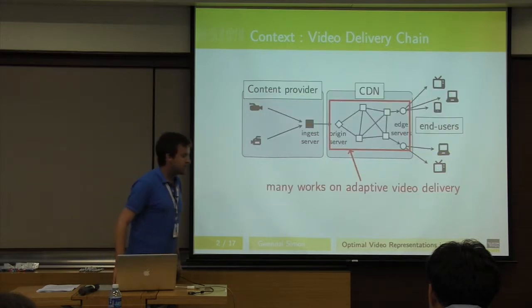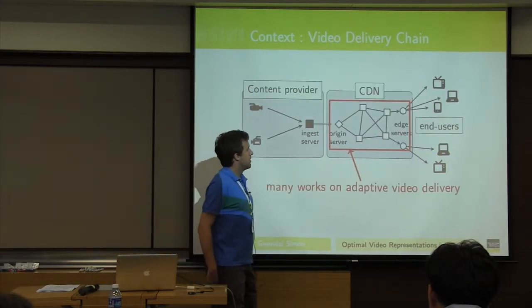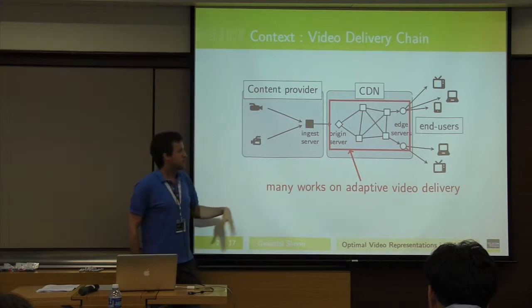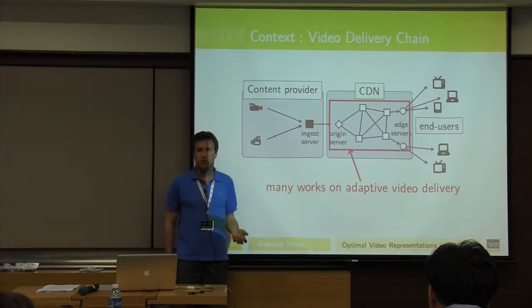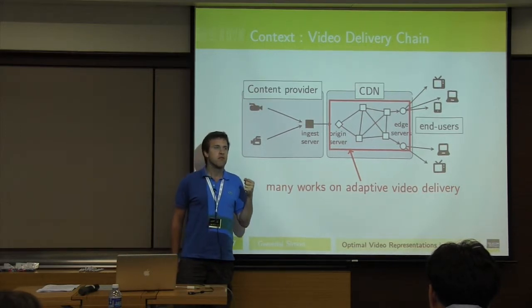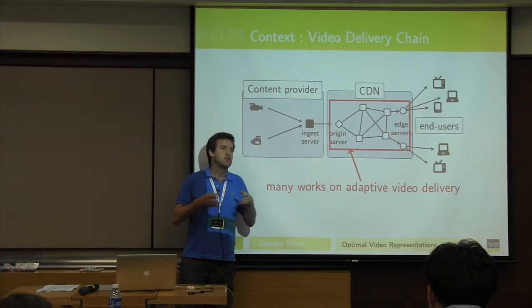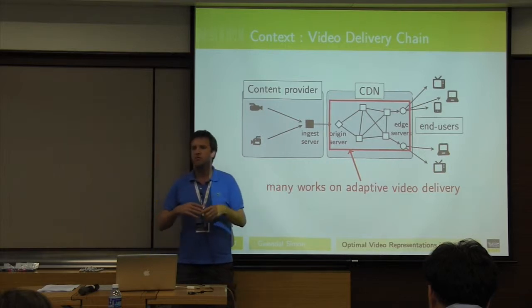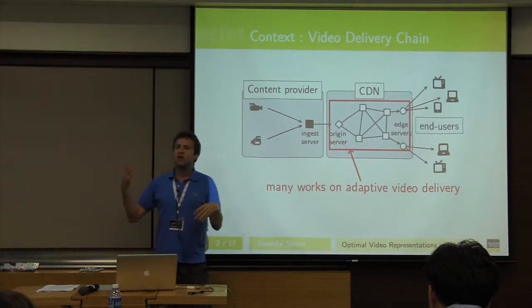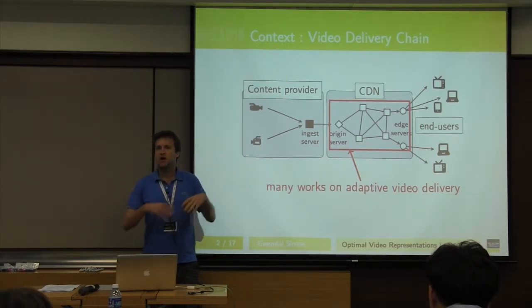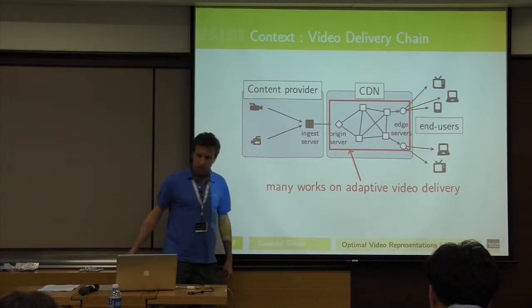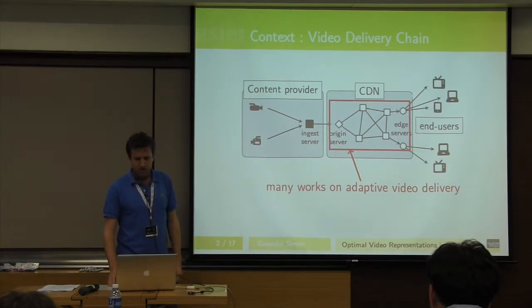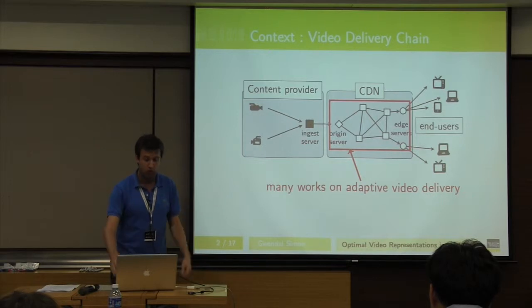If you look at previous works, there are many works on adaptive video delivery: for live streaming, for building trees with the different representations, for VOD about how to replace video in the caches, how to make changes in the system, including some works of mine.